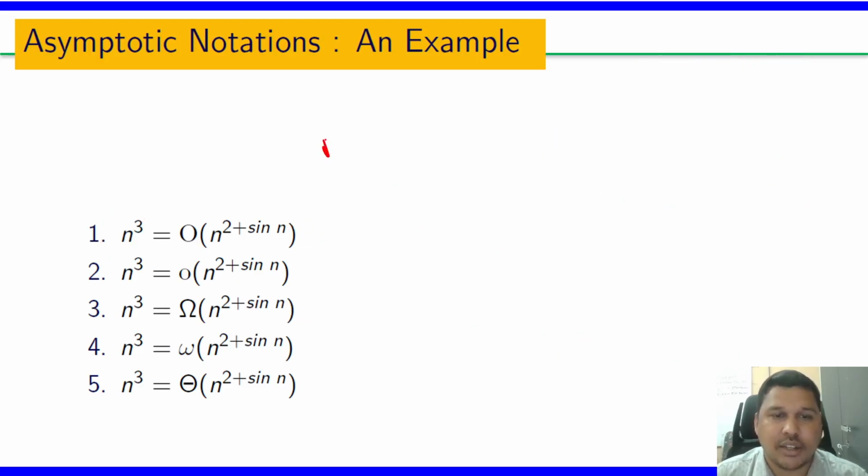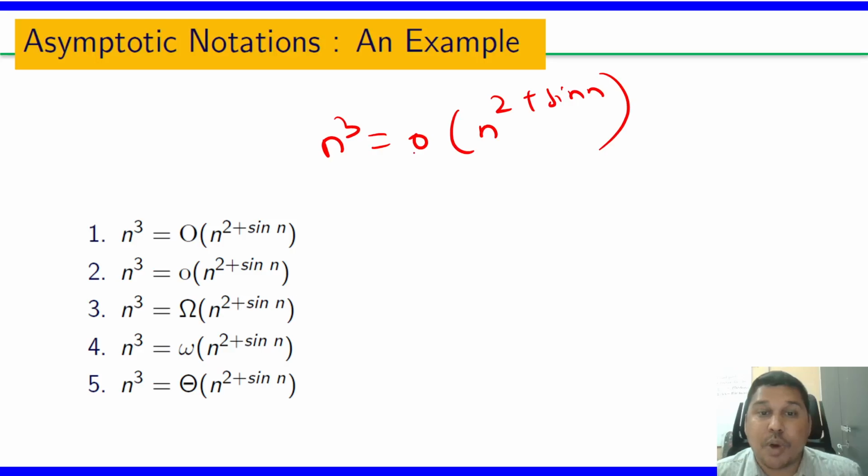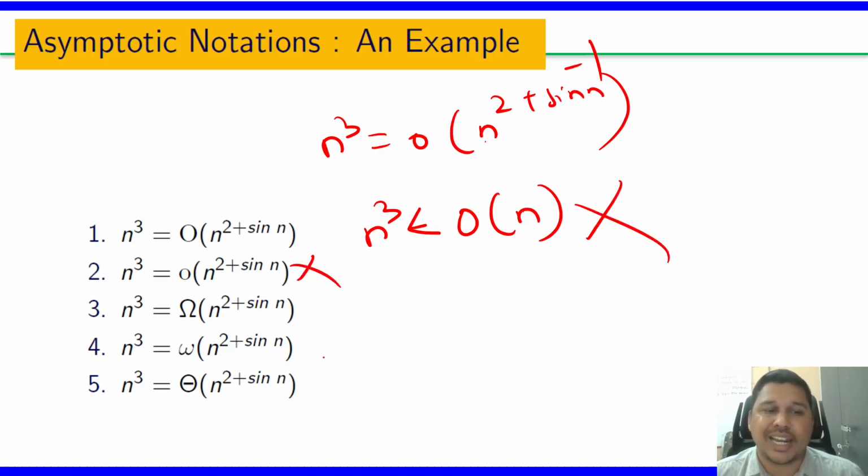Second one, let's take n cube equal to small o of n power 2 plus sin n. Okay, small o means strictly less than, right? So again, this case also, n cube is strictly less than n, because you put sin n as -1, this becomes n. This is also a false claim.